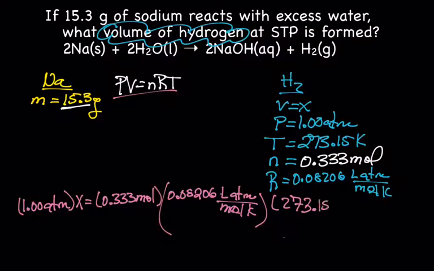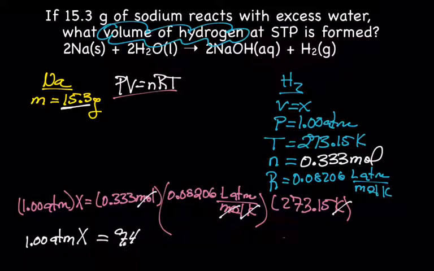All right, so we can cross out K and mole, and when we go to solve, we end up with 1.00 atm X equals 7.464091, etc. liters atm.